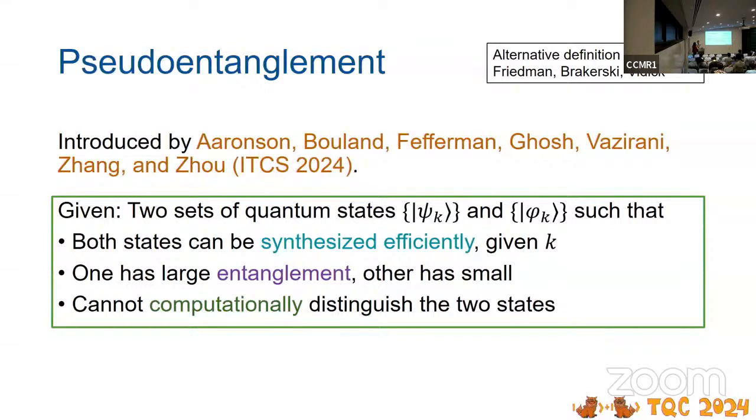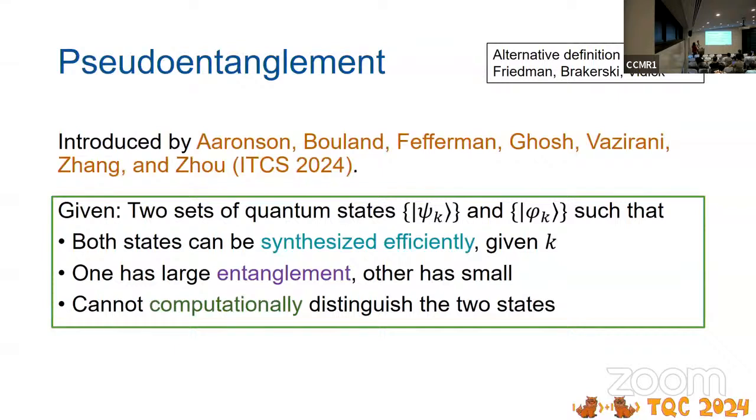So in this ABV definition, the low entanglement state has to be prepared using a small number of Bell pairs. So it's like the synthesis cost of entanglement. And for the high entanglement state, you need to be able to synthesize a lot of Bell pairs from that state. So given copies of that state, how many Bell pairs can you create out of it?